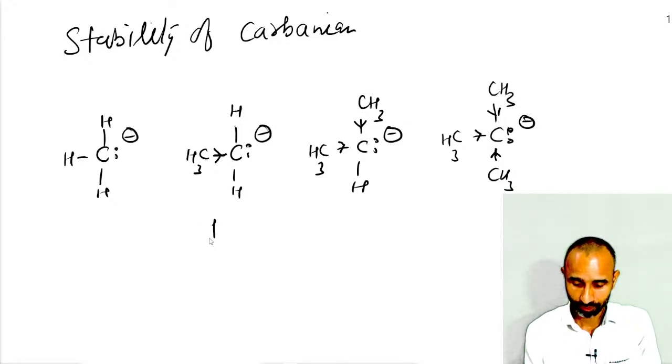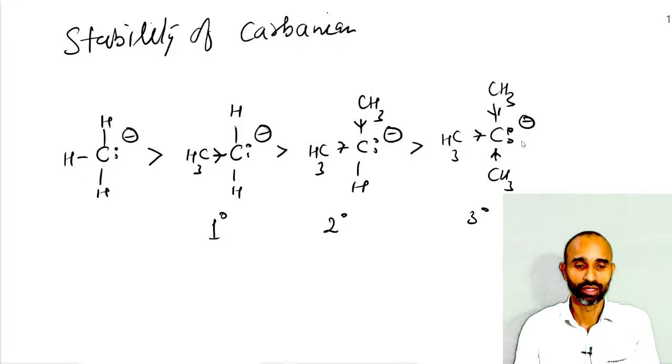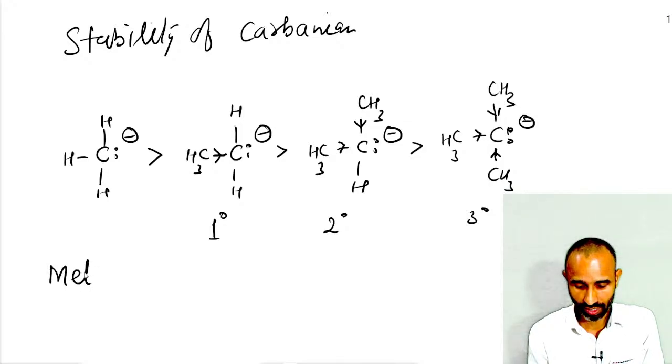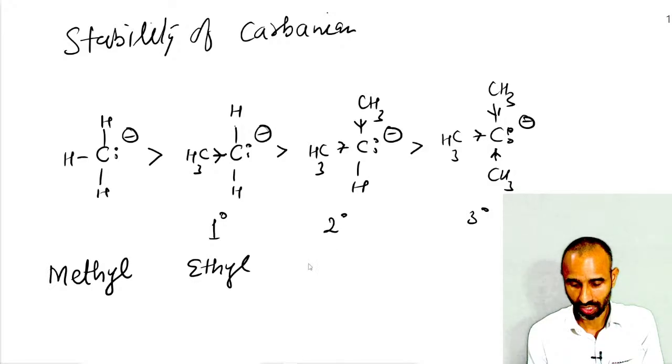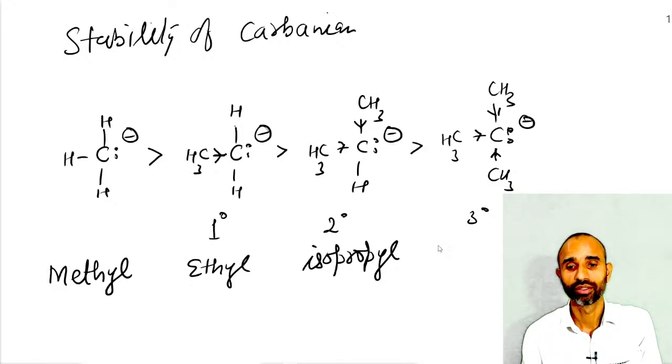So if we compare, methyl carbanion is most stable, then ethyl, then isopropyl, and last is tertiary butyl. So this is methyl, this one is ethyl, isopropyl, and tertiary butyl.